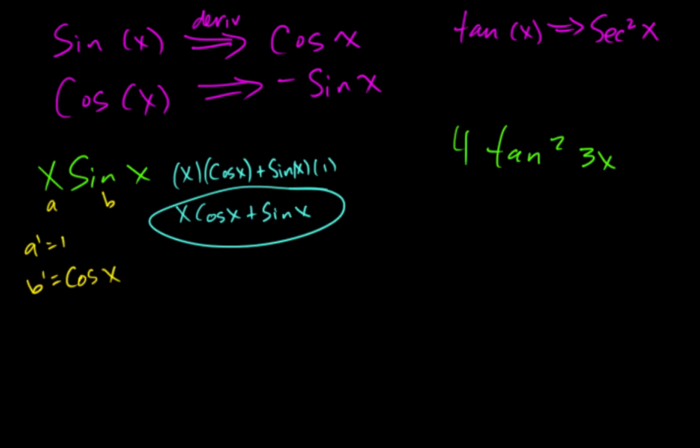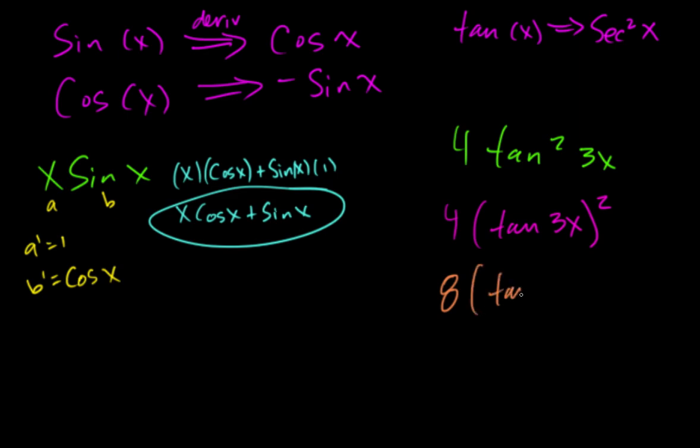Over here, we need to think of, we're going to rewrite it as like 4 tangent 3x raised to the 2. So we do a chain rule, bring this down, we get an 8.